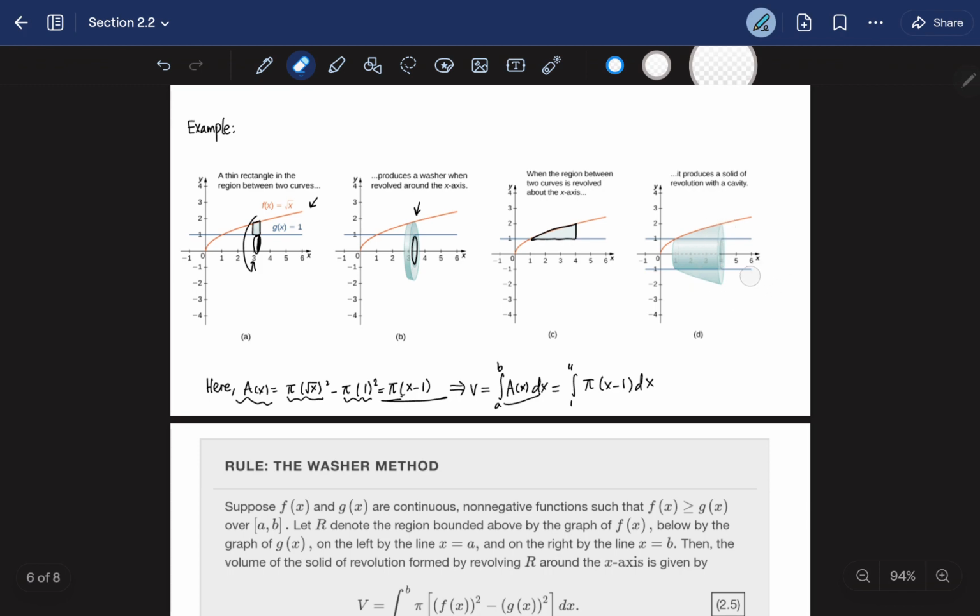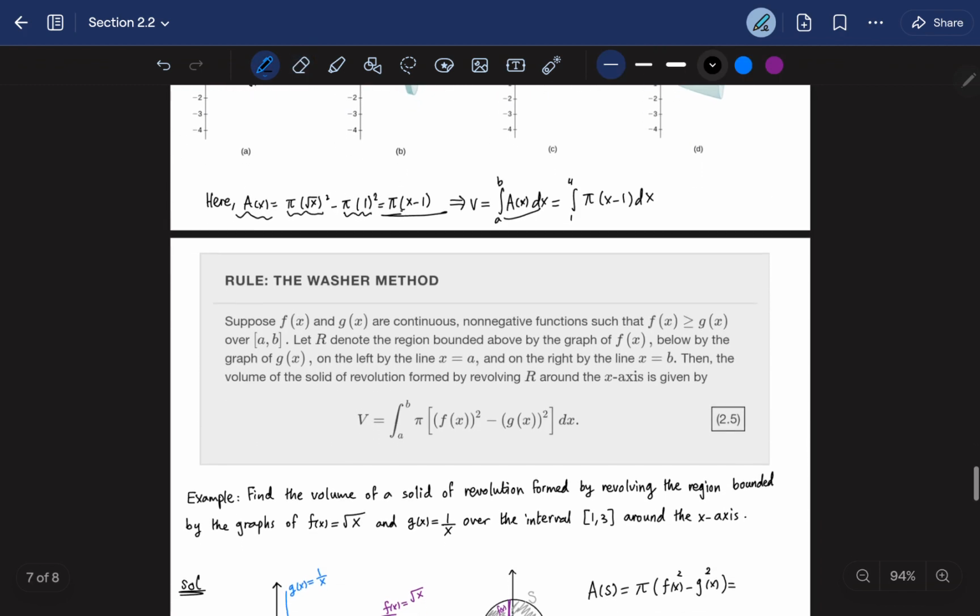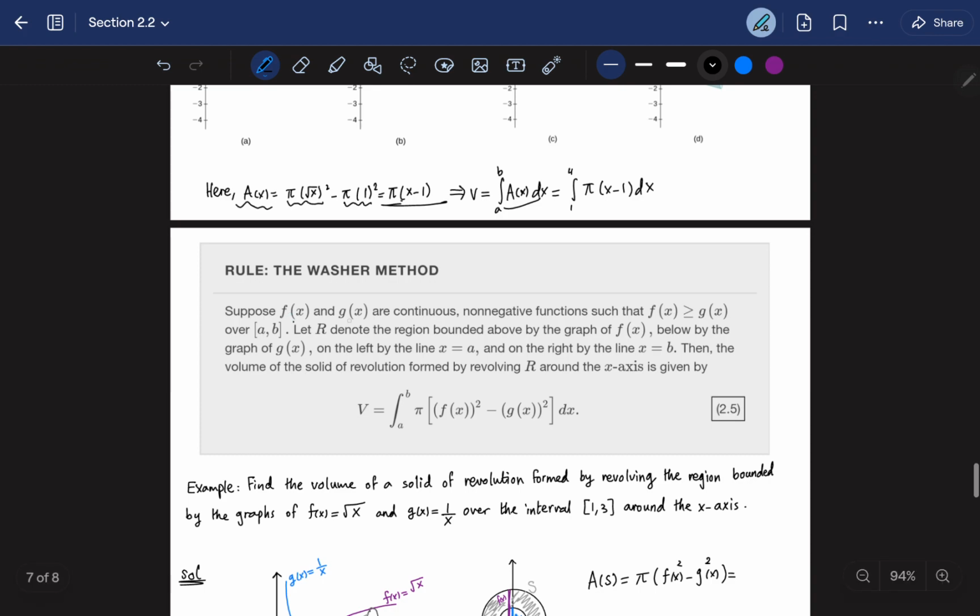Okay, so let's look at the main rule for the washer method. If I have two continuous functions f and g, where one of these functions is bigger than the other, and I have a region R bounded by these functions, so f above, g below, and the lines x equals a and x equals b to the left and right.